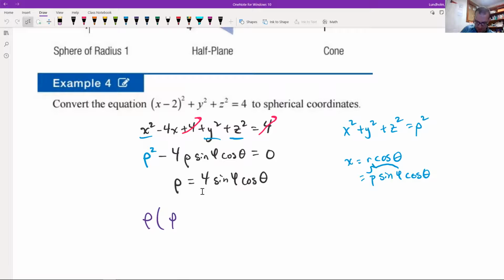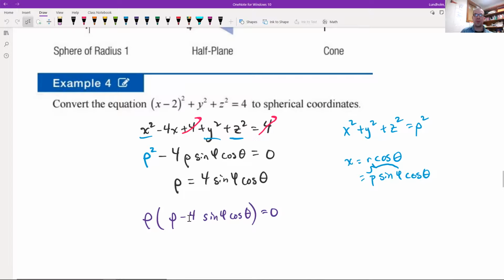You would have rho, -4 rho sine phi cosine theta, because there's a common factor of rho there. We pulled out this common factor of rho. So it's rho times (rho -4 sine phi cosine theta) equals 0.